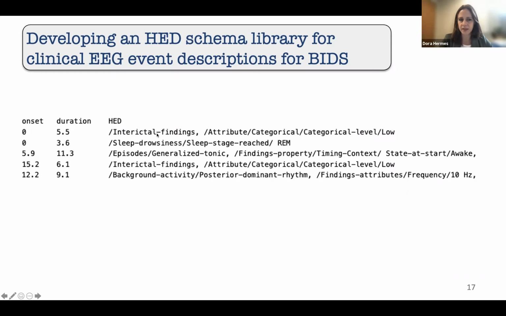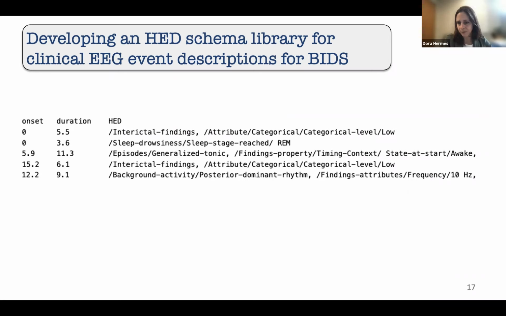And we've already noticed that these interictal findings, whether they're low or high, are extremely useful for annotating artifacts in our data. For example, when we record data during a motor task or during a visual task, and some epochs have large epileptic activity, we can now annotate that in a standardized way in our data so that everybody knows what is in there, and it's not just saying interictal or non-interictal or maybe noisy or whatever other people may call it.